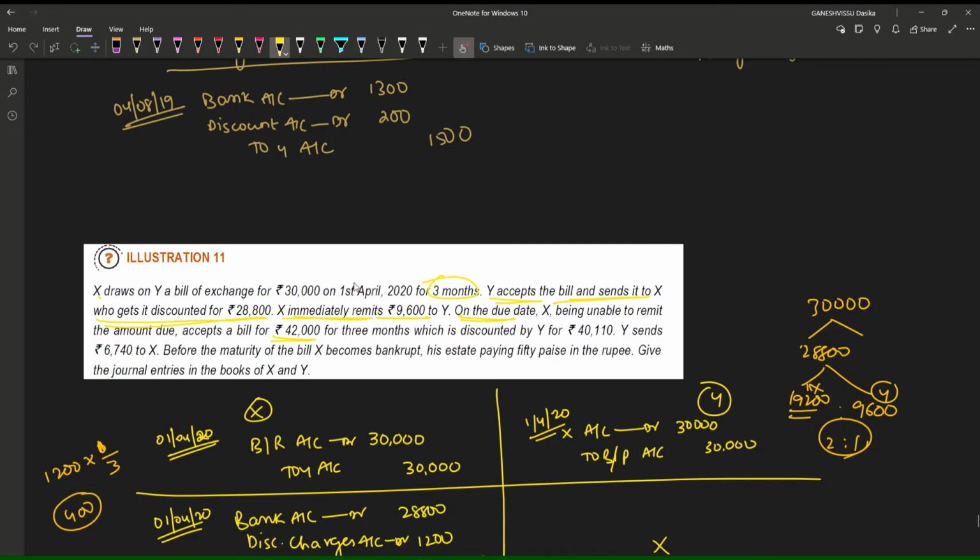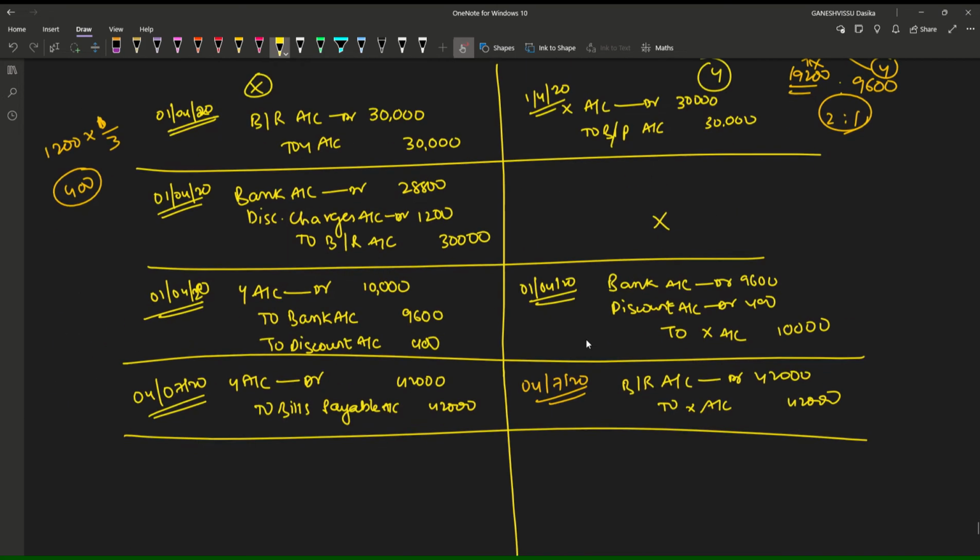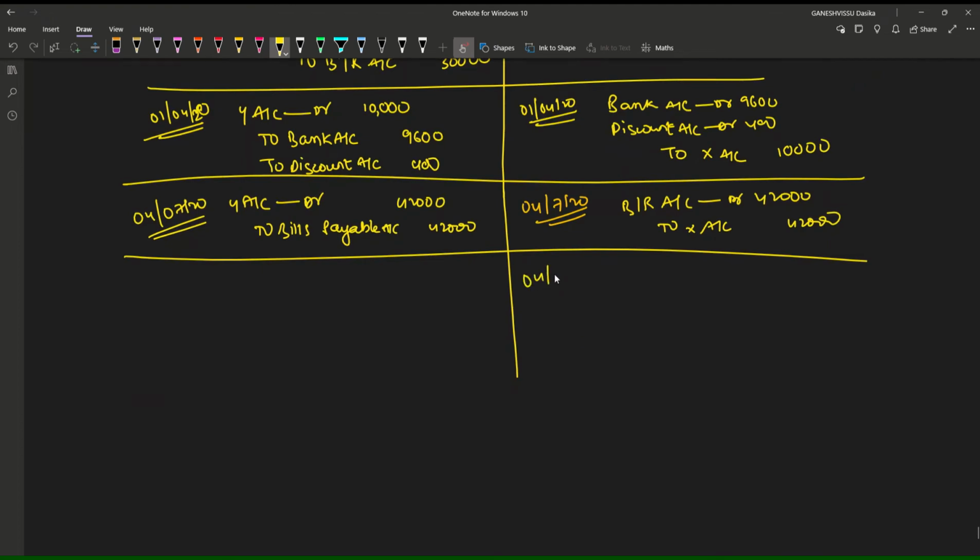Now what happened, for 3 months, the bill is discounted by Y for 40,110, on the same date, 4/7/2020. Y is discounting the bill with the bank. So what entry would be recorded? Bank account debit, discounting charges account debit, to bills receivable account: 40,110, 1,890, and 42,000 is the total amount.